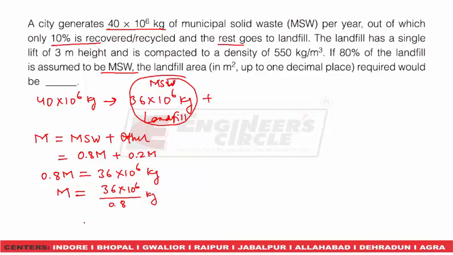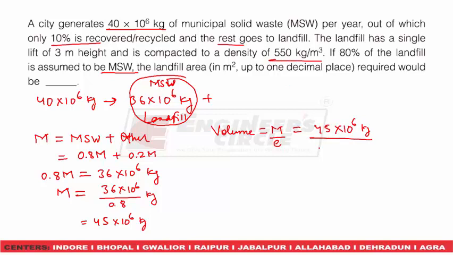So this is 45 into 10 to the power 6 kg. So if mass we have calculated, then we can solve for volume. Volume will be equal to mass by density. Mass is 45 into 10 to the power 6 kg and density given to us 550 kg per meter cube.